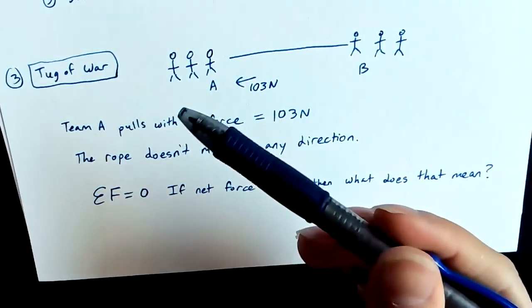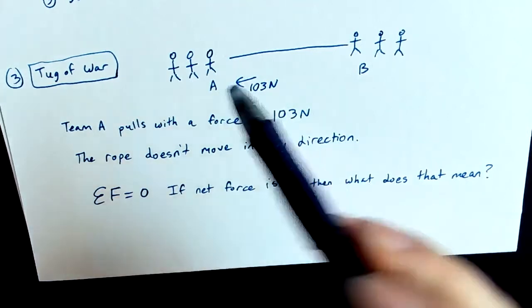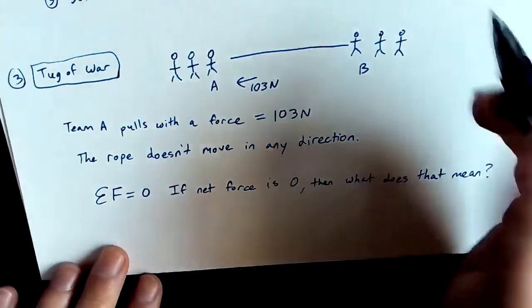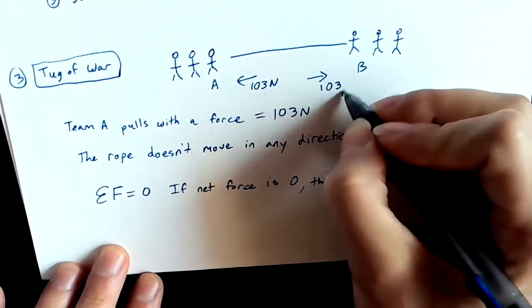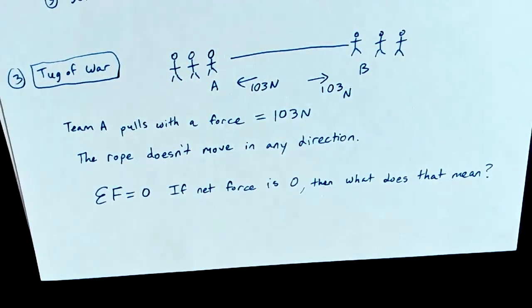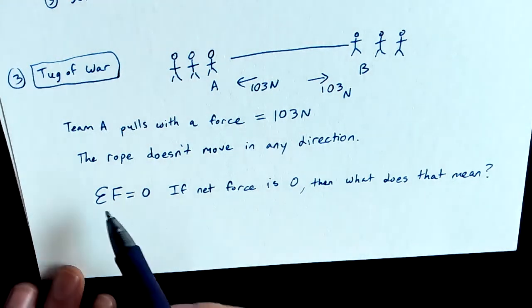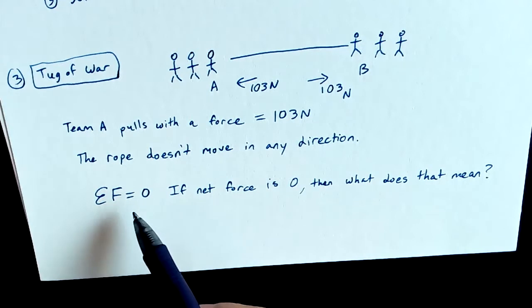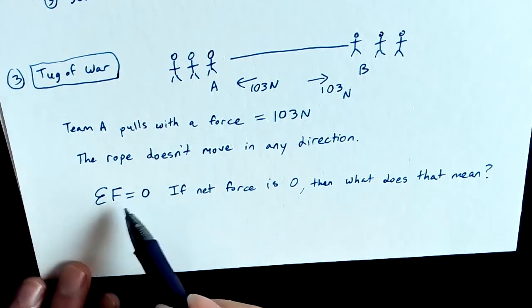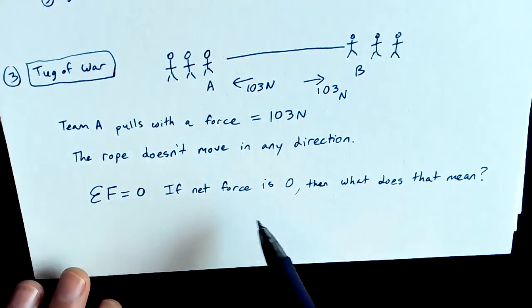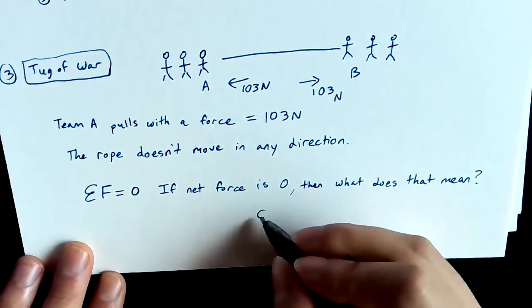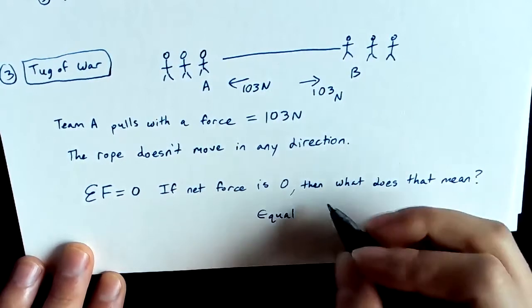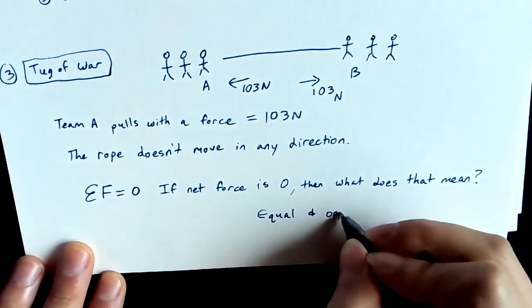So if they're pulling 103 newtons this way, but nothing happens, that means there's an equal and opposite 103 newtons being pulled by team B. If nothing's happening, if it's in equilibrium, the sum of all forces equals 0. Net force is equal to 0. Equal and opposite forces.